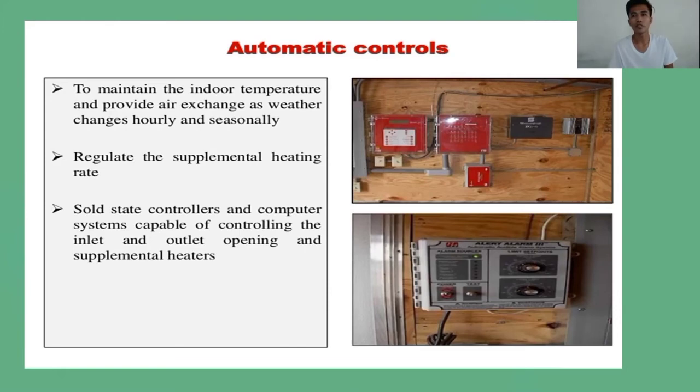Mostly the poultry houses that have this kind of controls are in Western countries because it is cold in those places, so they need it the most. In the Philippines, some use it, but mostly we don't need it. Others use it just for ventilation purposes only.